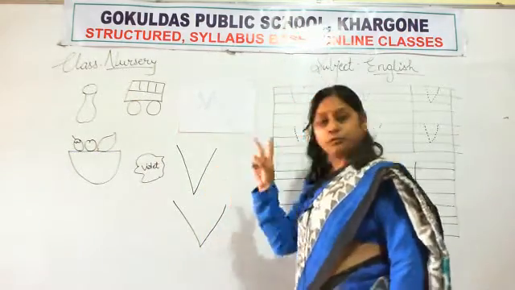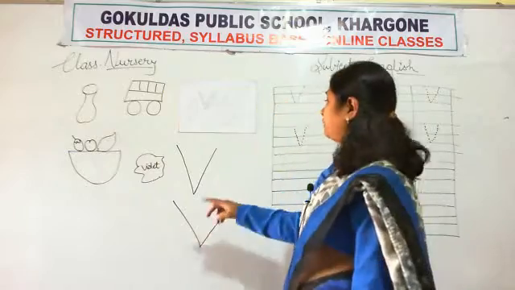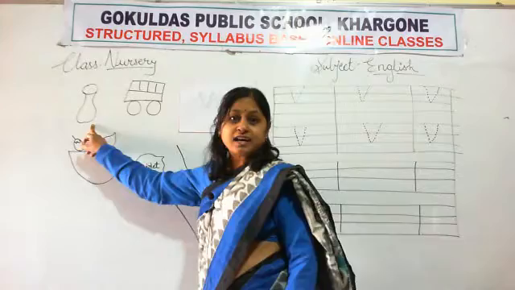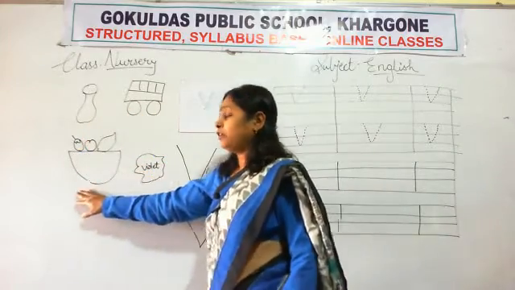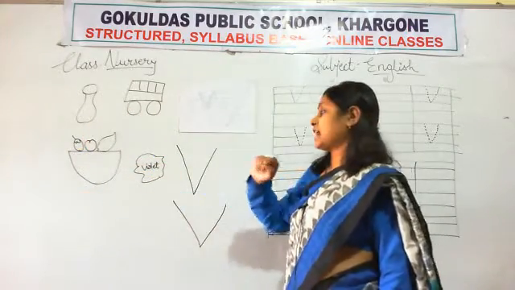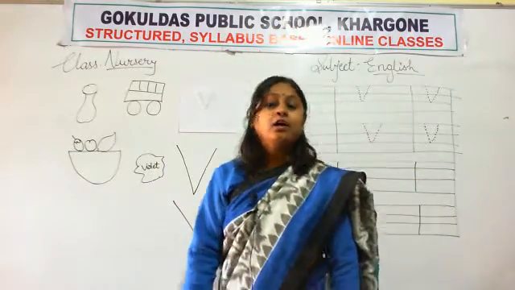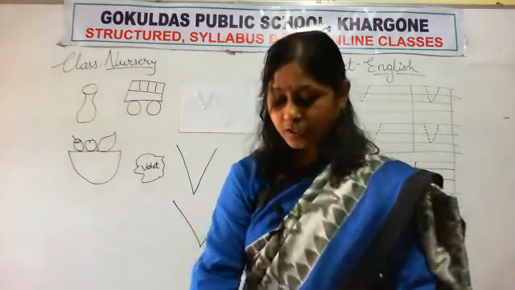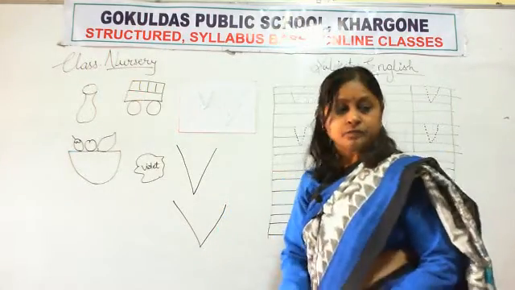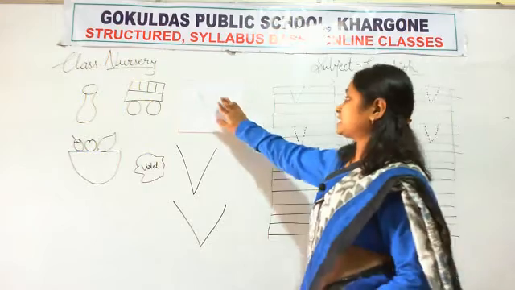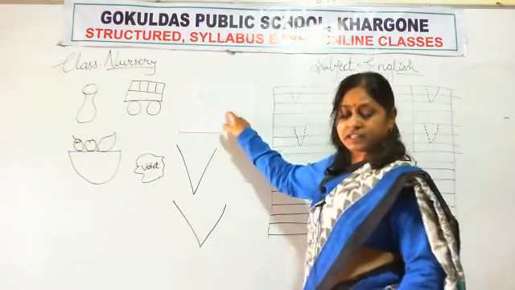So V for victory. V for van. V for vase. V for vegetables. And V for violet color. Which color? Violet color. Okay. And what you have to do in this V. Which letter is this?